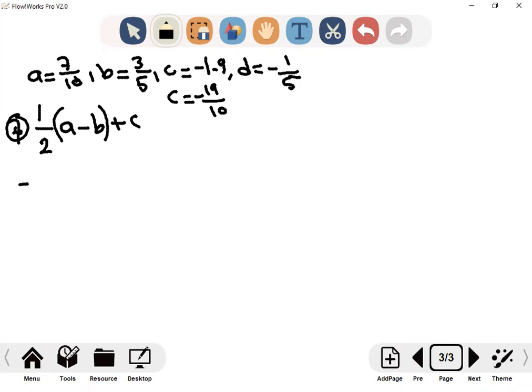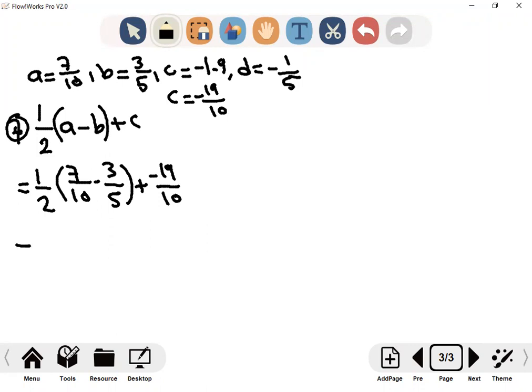Replace: equals half of 7 over 10 minus 3 over 5, plus c, which is negative 19 over 10. I turned it already. But here, order of operations: what's the first thing? Go to the parentheses and work on the parentheses only, the rest comes down. So equals 1 over 2.